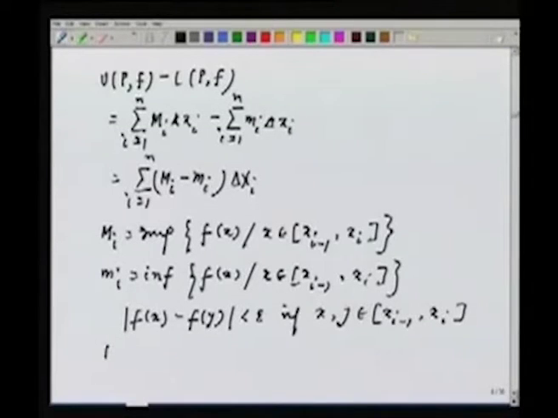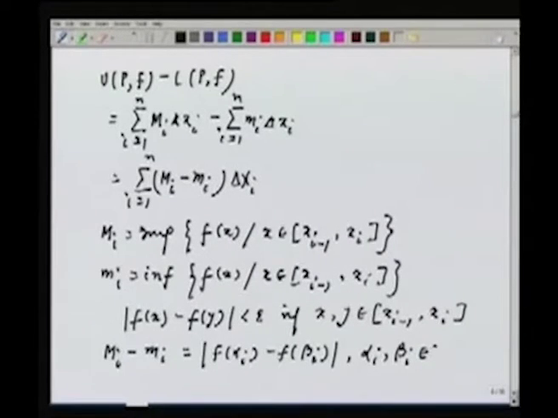So capital Mi minus little mi is certainly mod of f(alpha i) minus f(beta i), where alpha i and beta i are points in [xi minus 1, xi]. And hence this quantity is less than or equal to epsilon.